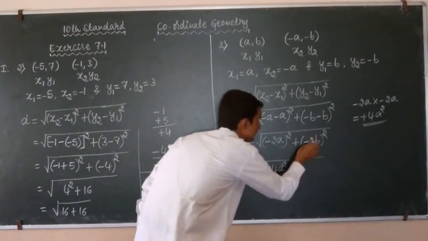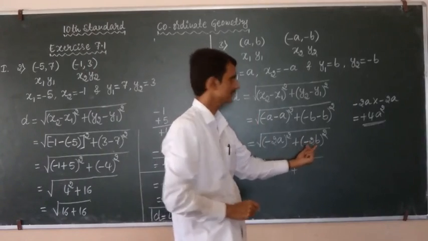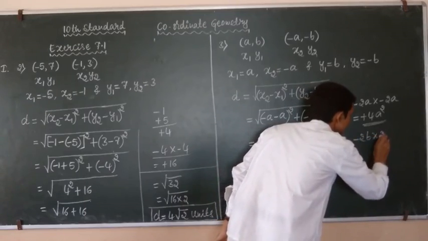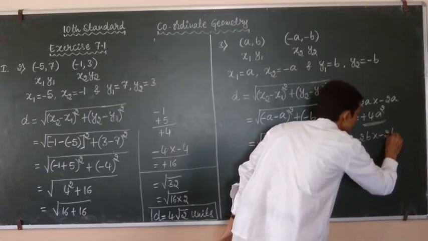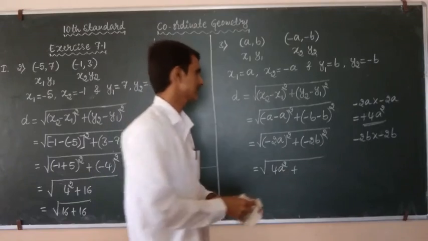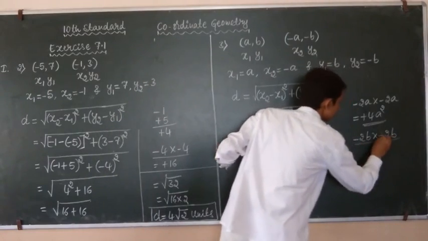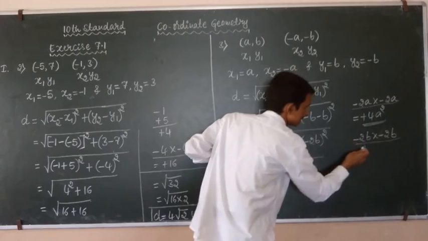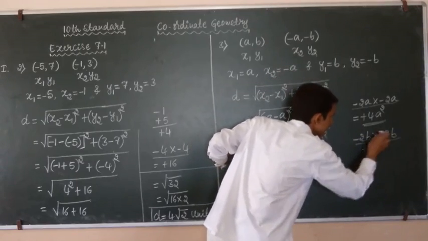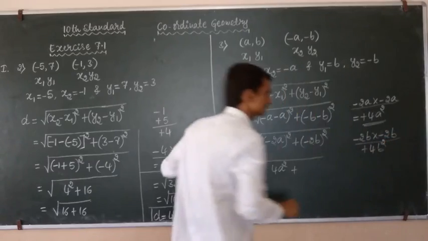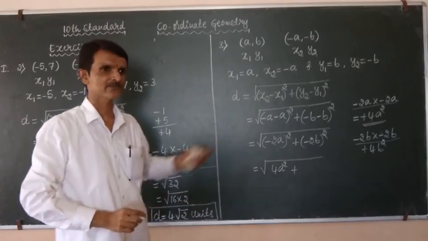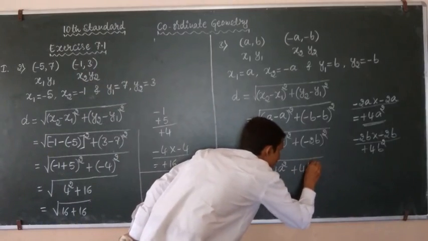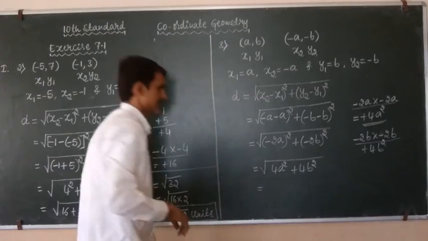Similarly, what will be the value of minus 2b whole square? Minus 2b into minus 2b, multiply ಮಾಡಿದ್ರೆ we will get, minus into minus plus, 2 2s are 4, b into b square. So its value is plus 4b square, or you can simply write 4b square.